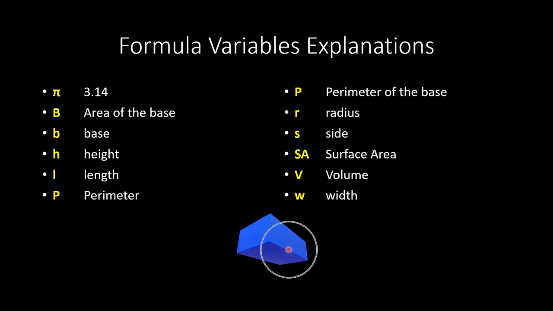This is the length, and therefore the width is the shorter side. So the width is going to be the measurement of this side right here. I believe that I'm missing one letter, and that was the lowercase d, which stands for the diameter. Just keep that in mind, my friends.